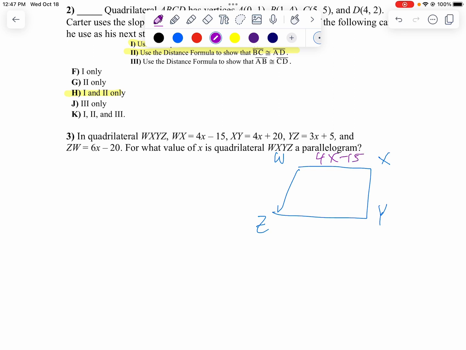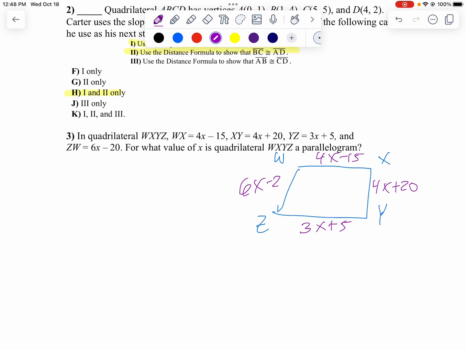We're told X to Y is 4X plus 20. And we're told Y to Z is 3X plus 5. And we're told Z to W is 6X minus 20.